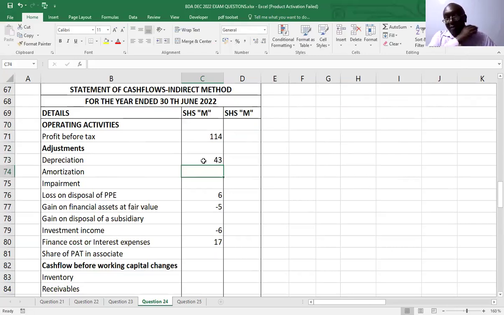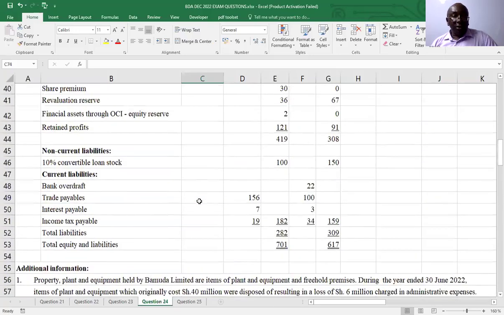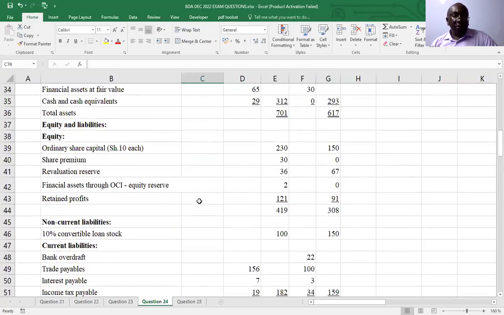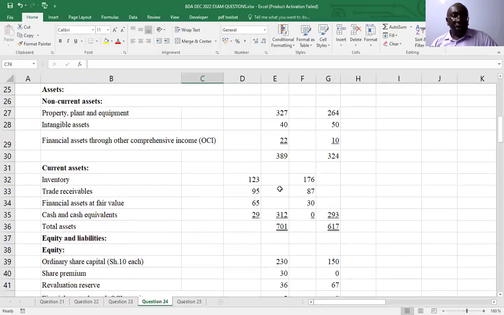Now, amortization, you know, it deals with the intangible assets, and impairment is about goodwill. So the question has not mentioned goodwill, but the question has mentioned to us intangible assets. So what you do, you come and look at the intangible assets here.